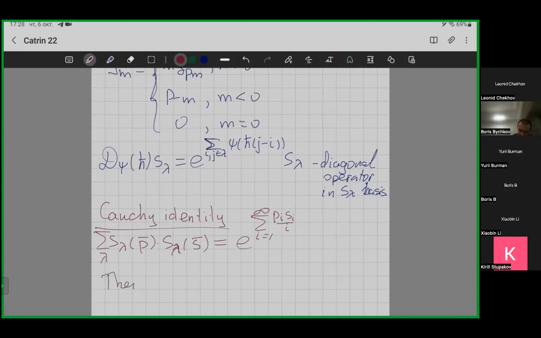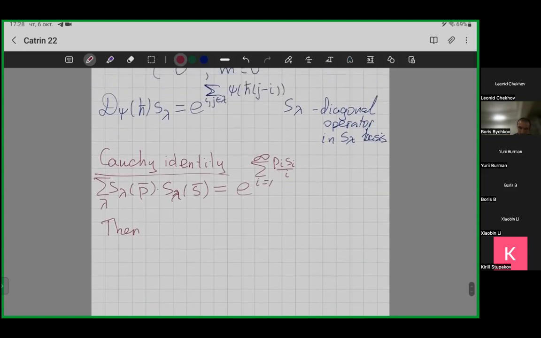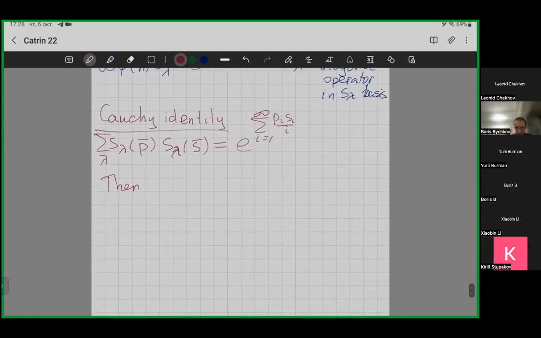And then let me rewrite this Z series, this tau function. So we have Z equal to the sum over all lambdas of e to the power psi of h (j minus i), over all boxes (i, j) from the Young diagram, s lambda of P times s lambda of S over h bar.